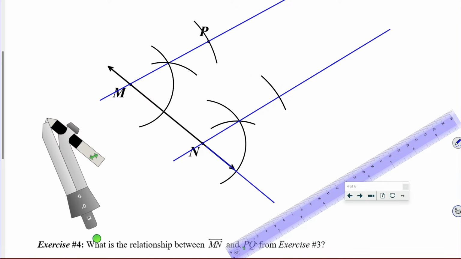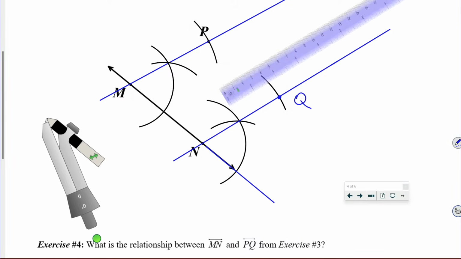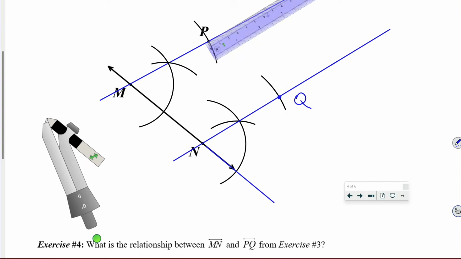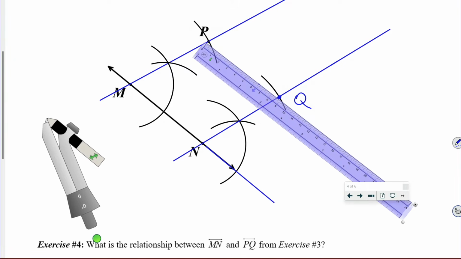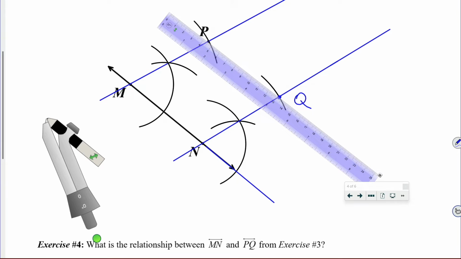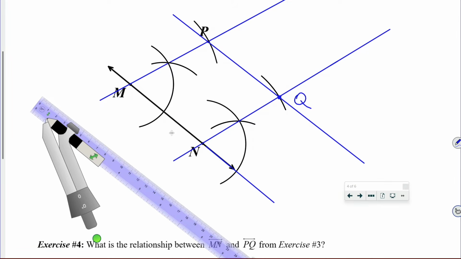And now I have guaranteed to translate point N, and I think it was supposed to be to point Q. I've now translated point N in the same distance, in the same direction as what it would take to translate M to P. Right, now I just want to draw this line. Looks pretty good. And there is line PQ.